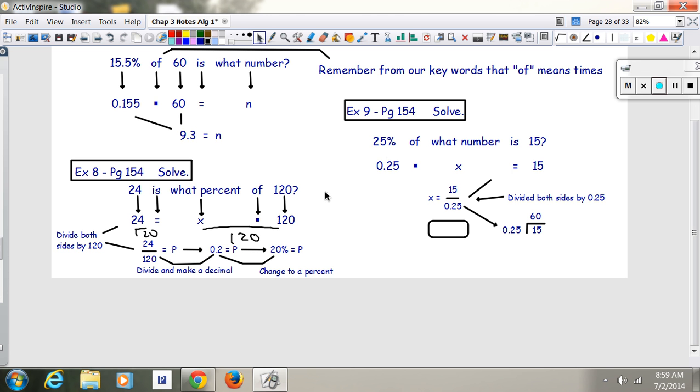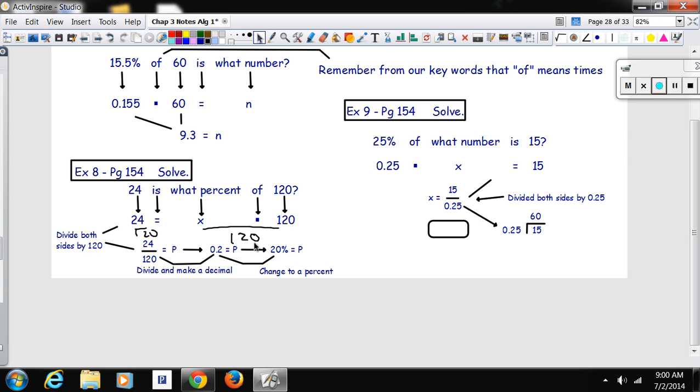25% is 0.25. Of is your times. What number is your x? Is equals, and then 15. And then divide by the 0.25 on both sides.